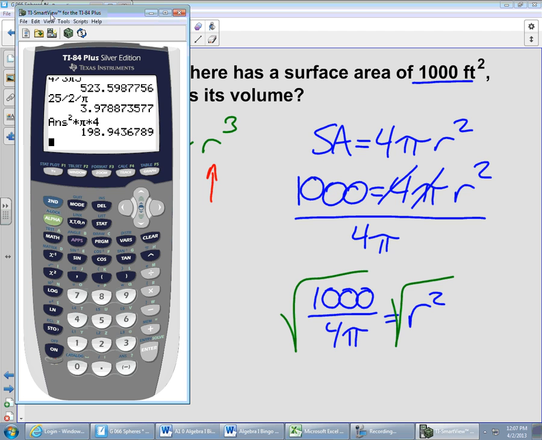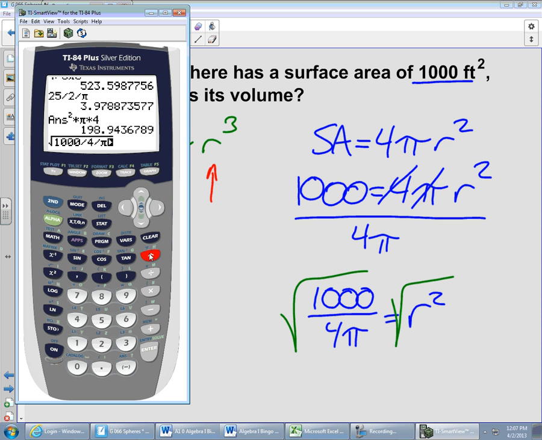Okay, we have the square root of 1,000 in the numerator, and then underneath that I've got a 4, and also underneath that I've got a pi. Now notice the way the calculator works this. It looks a little strange to say 1,000 divided by 4 divided by pi. If you just put 1,000 divided by 4 pi, the calculator is going to do the division of the 4, but then since there's no other sign coming after the 4, it'll automatically assume that's multiplication.